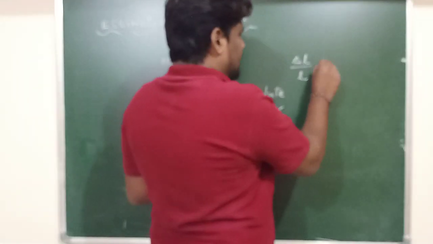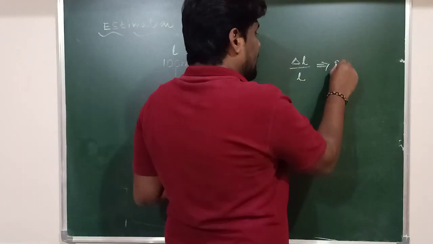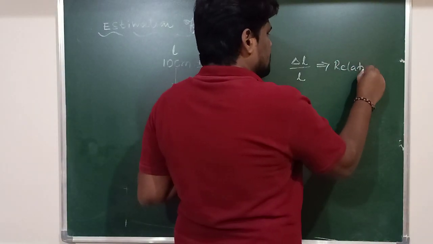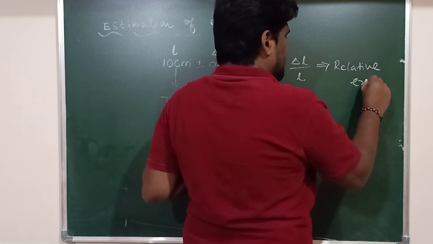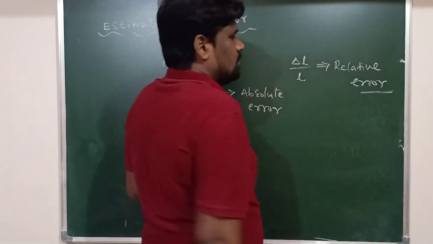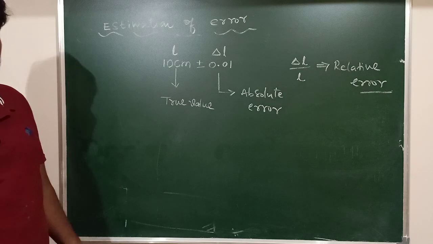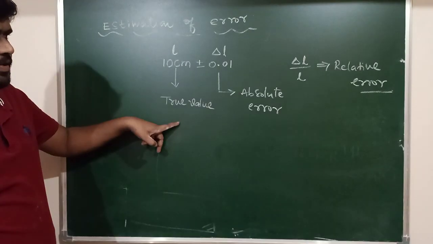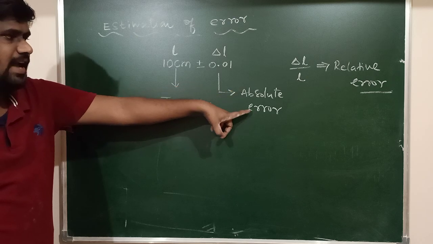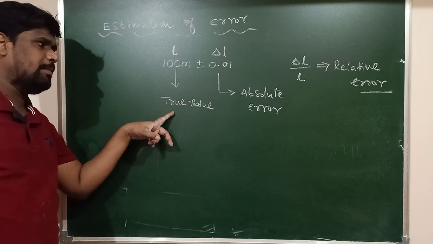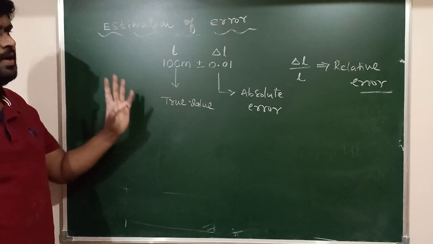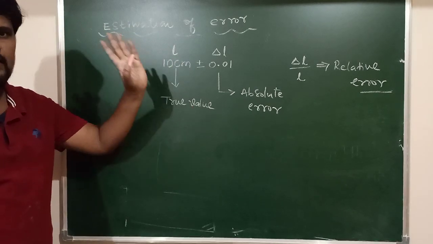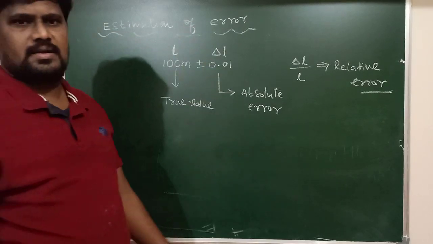This type of error we call the relative error. The relative error is always given by the absolute error in the measurement divided by the true value of the measurement.